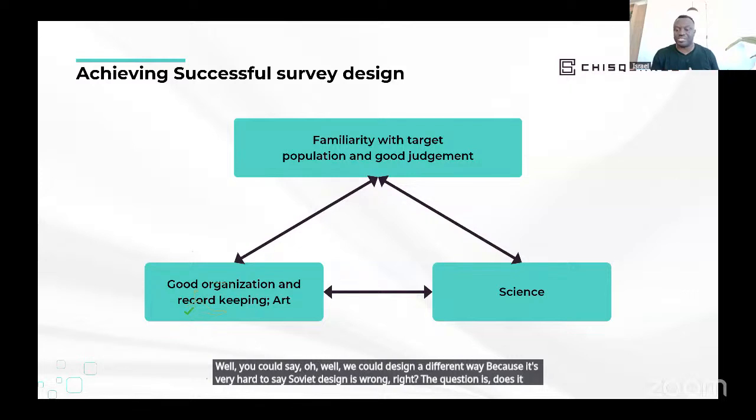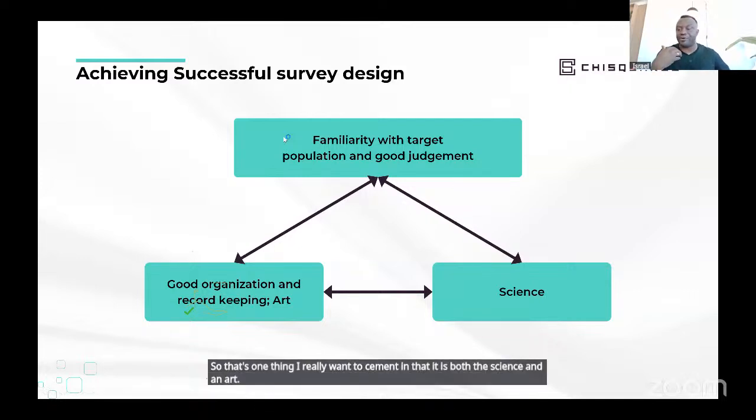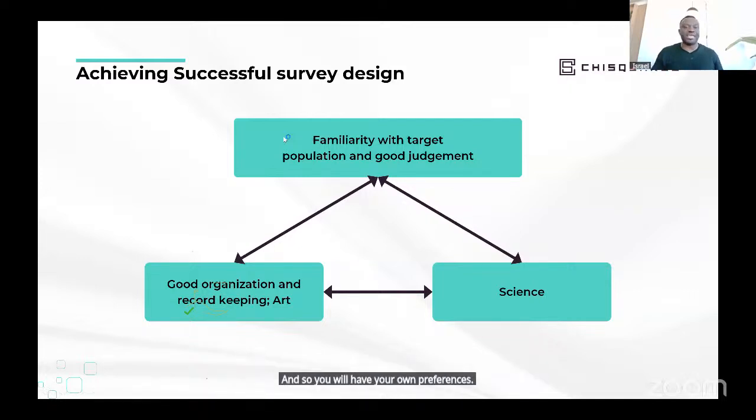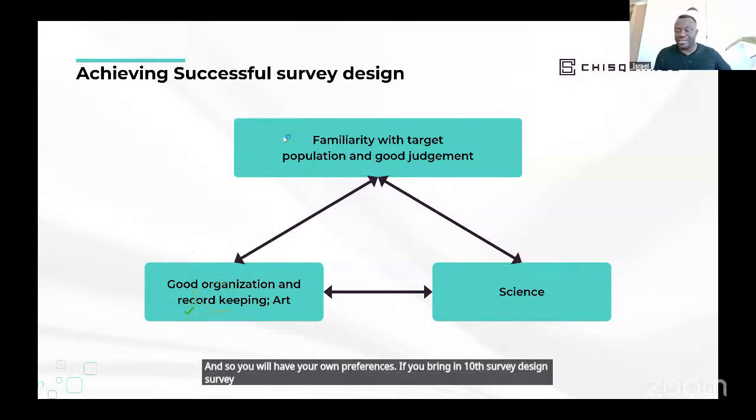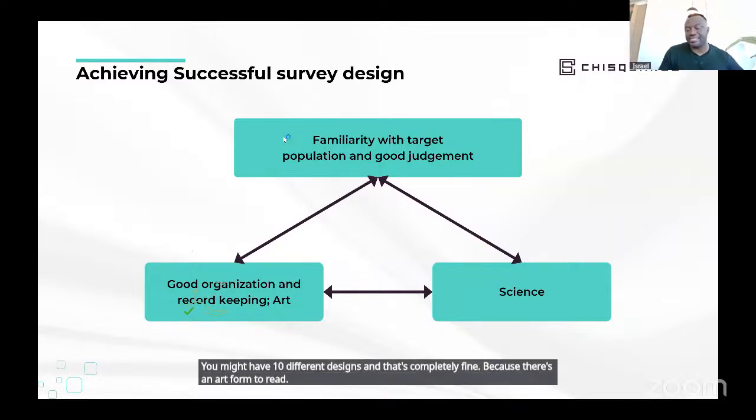Does it answer the question that was originally set before it? So that's one thing I really want to cement in, that it is both a science and an art. And so you will have your own preferences. If you bring in 10 survey experts to design a study, you might have 10 different designs, and that's completely fine because there's an art form to it and it is a science as well.